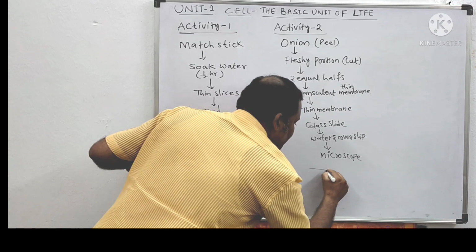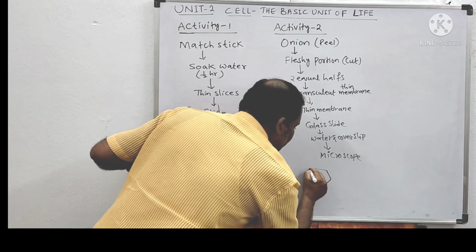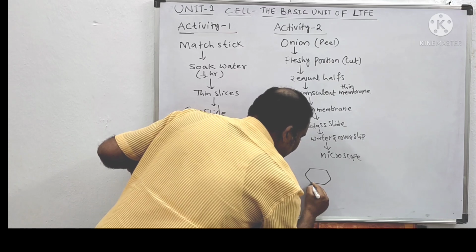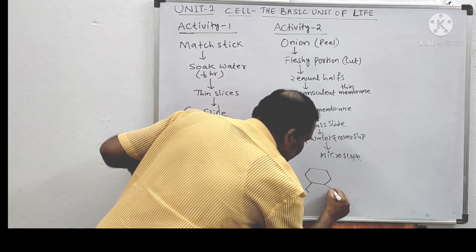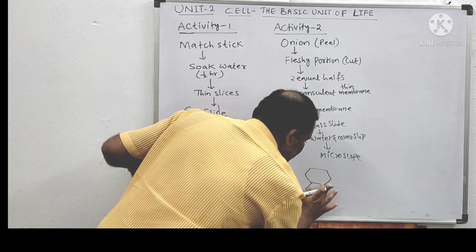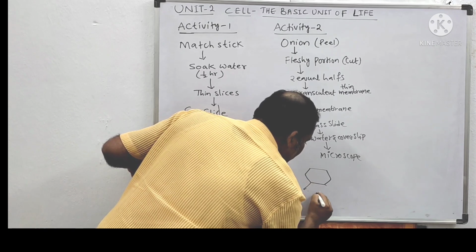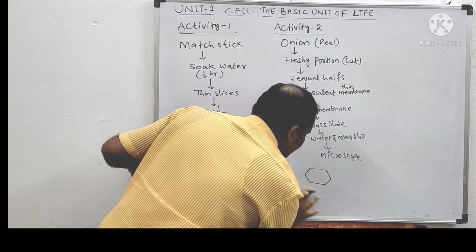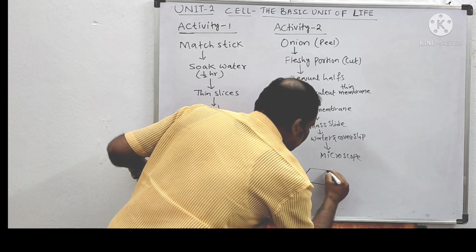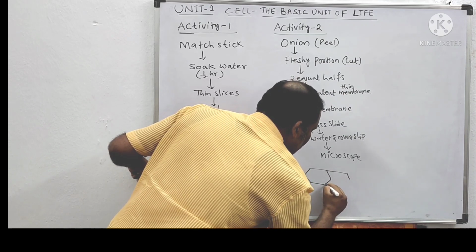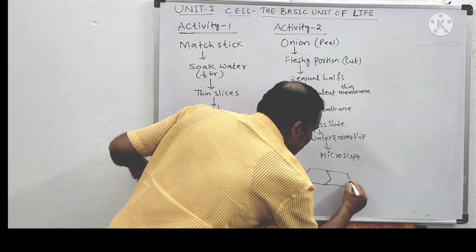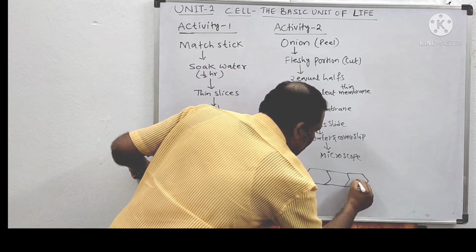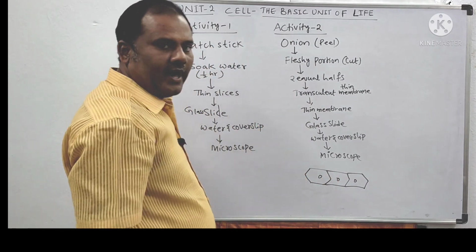The onion cells will be like this. The cells are built like this.